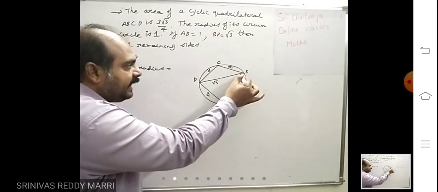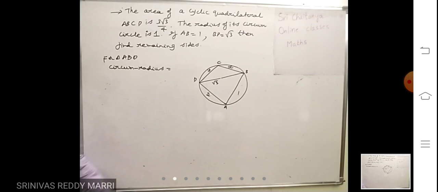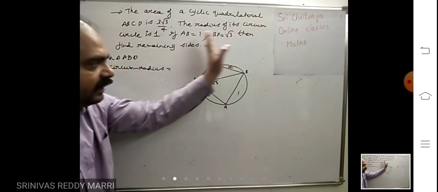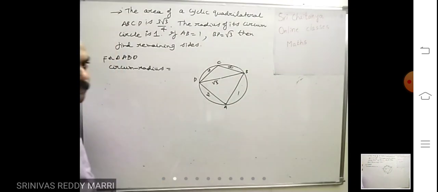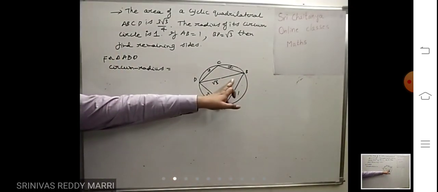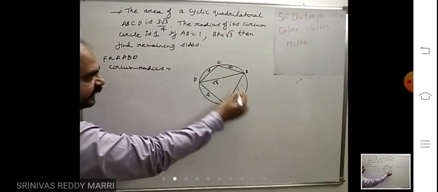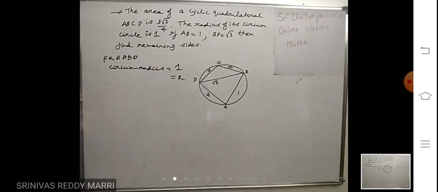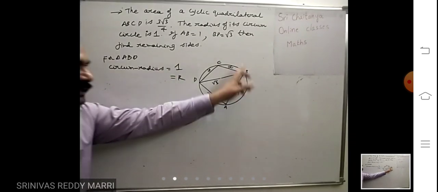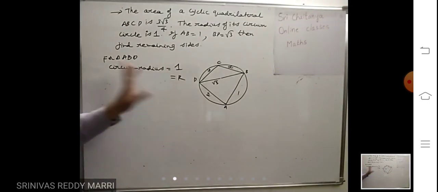For triangle ABD, what is the circumcircle? The same circle in which the quadrilateral lies is the circumcircle of triangle ABD. So the circumradius for triangle ABD is also the radius of the circle, that means 1. This is capital R, because the same circle passes through the three vertices of the triangle.